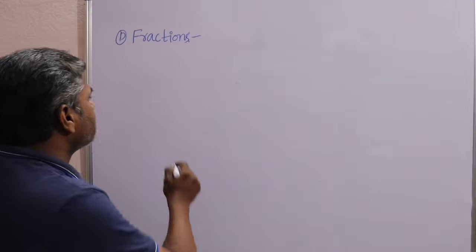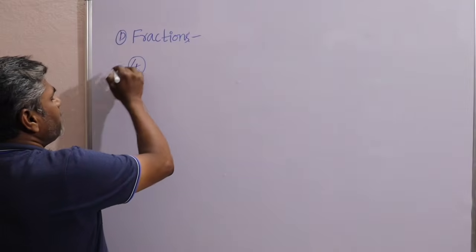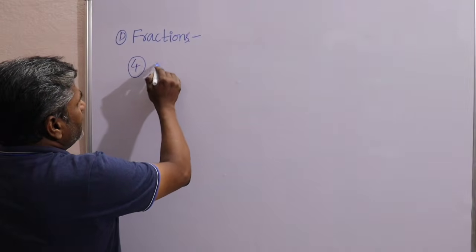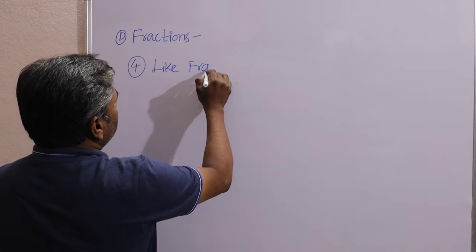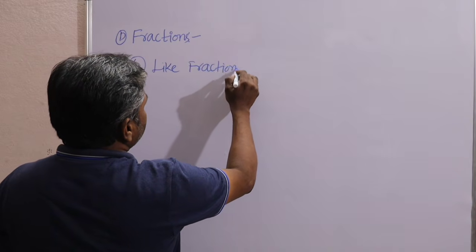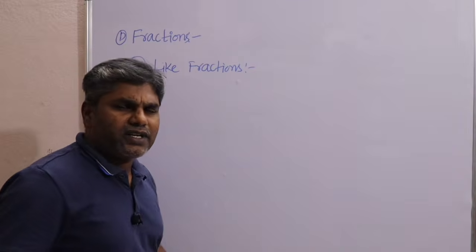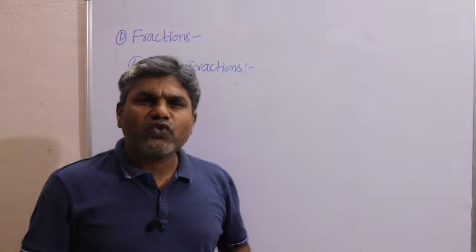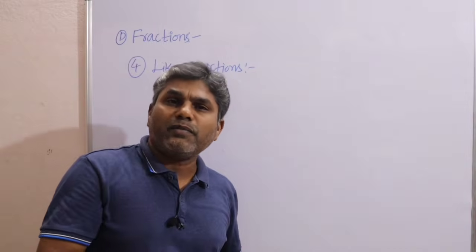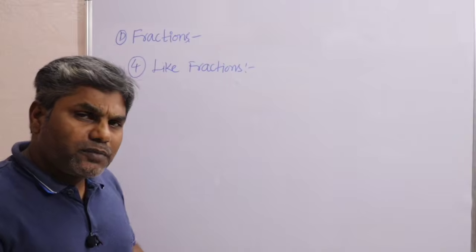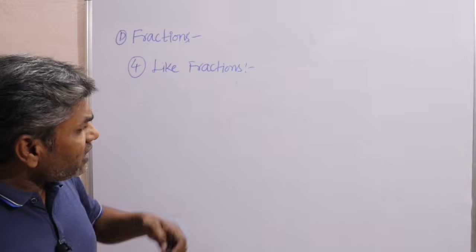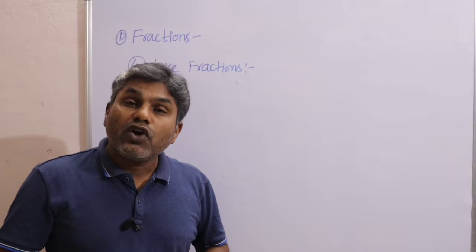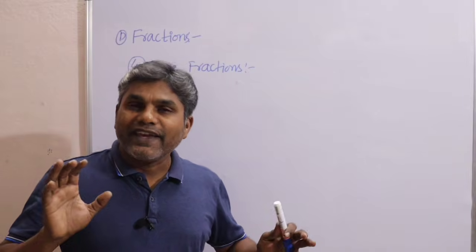Next, the fourth one is like fractions. What are like fractions? These are very important, because even students who are very intelligent in their academic studies sometimes can't explain what these types of fractions are. Like fractions are fractions whose denominators are equal.